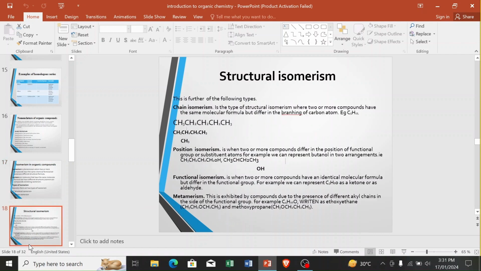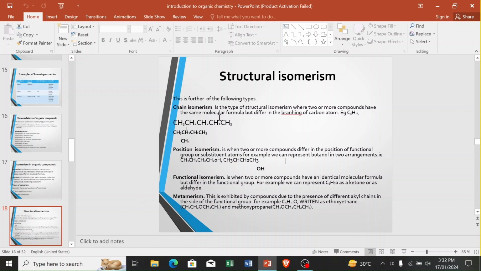Structural isomerism can be divided into five, but what I have presented here are four: chain isomerism, position isomerism, functional group isomerism, and metamerism.